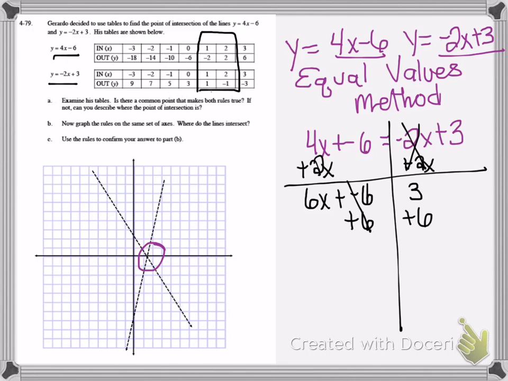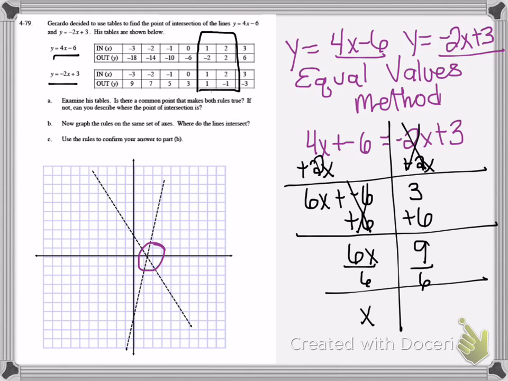That's going to make a 0 pair on the left side, leaving me with 6x equals 9. I'm going to go ahead and divide both sides by 6. When I do that, I get x to equal 3 over 2, or 1.5 as you might say. All I did was reduce the fraction. Okay, so this is x equals 1.5.